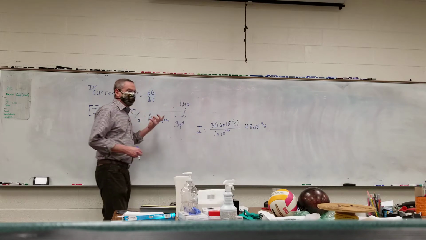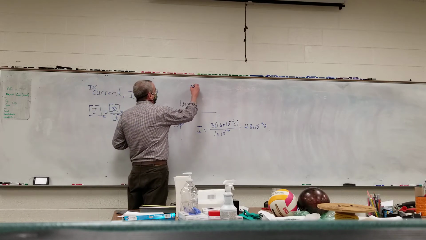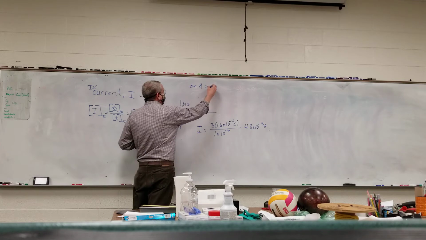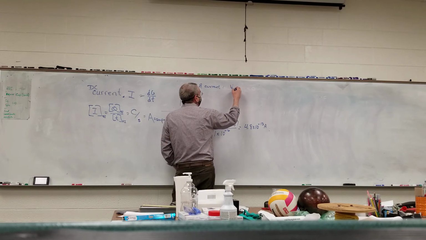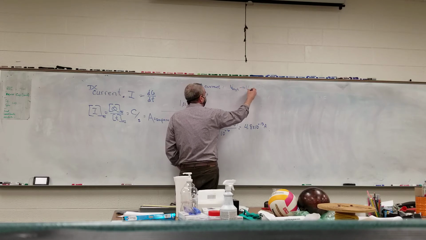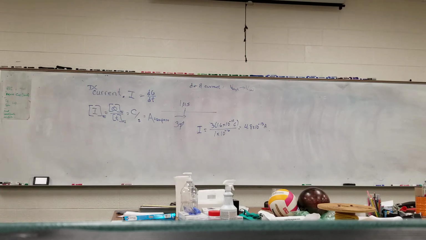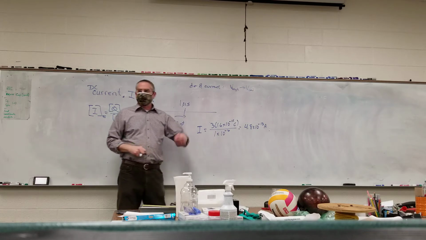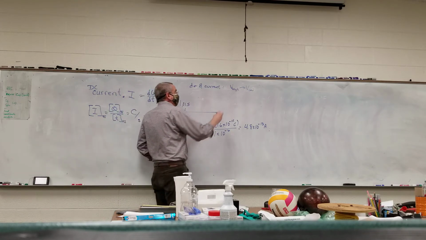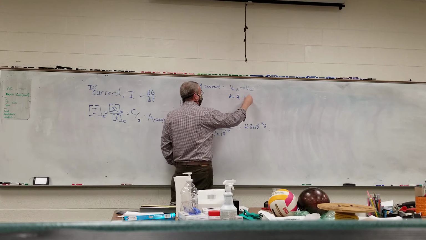Current is defined as the direction of current from high potential to low potential. Again, this goes back to Franklin, and just as he didn't know, since positive charges flow from high to low, this would also be the direction of positive charge flow.